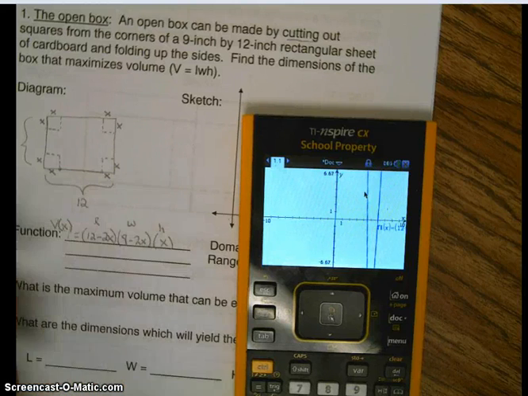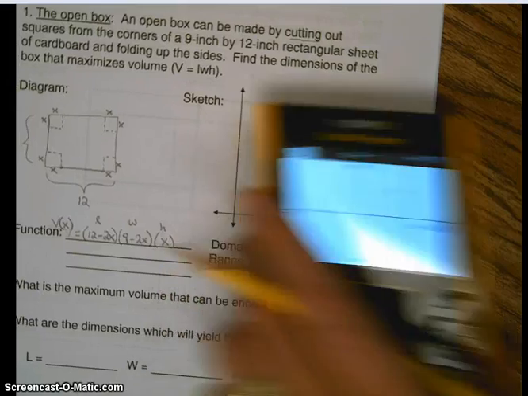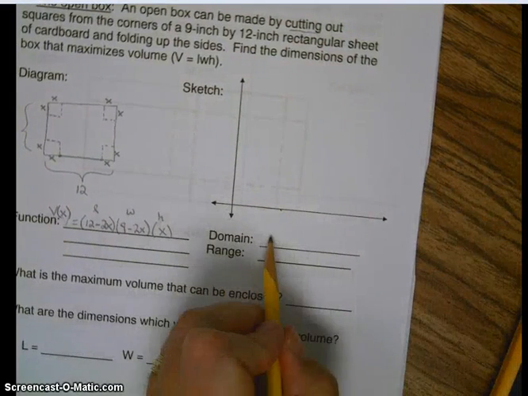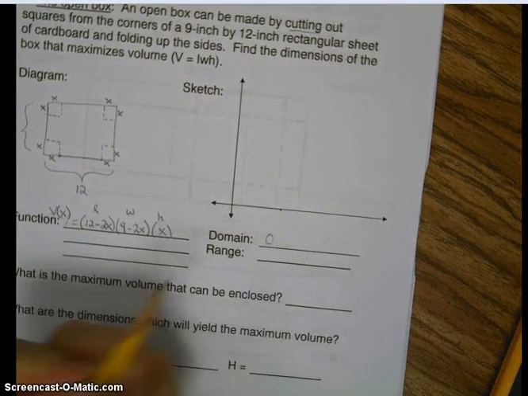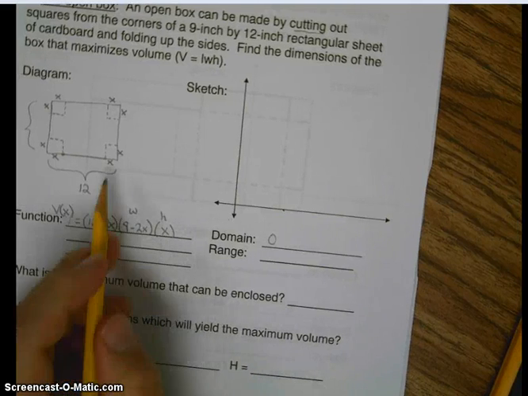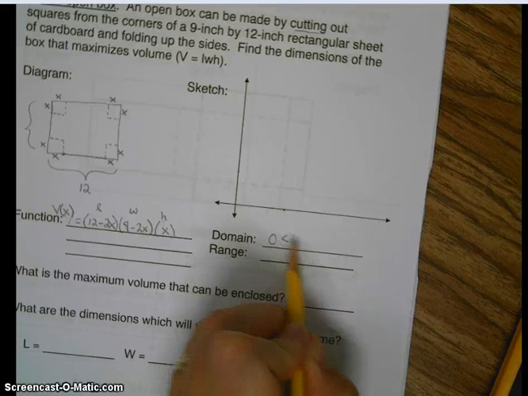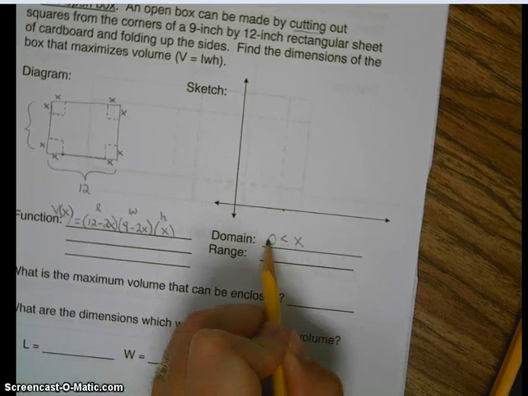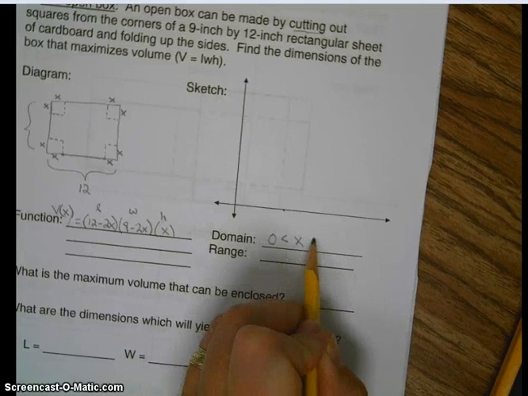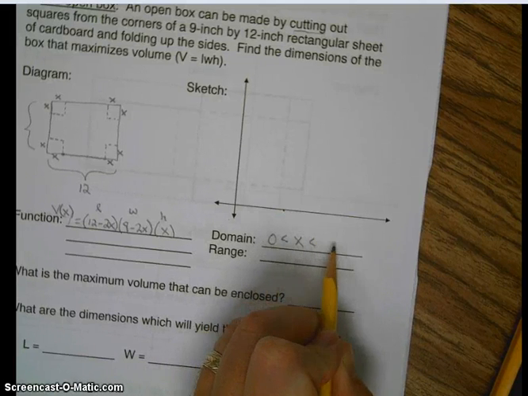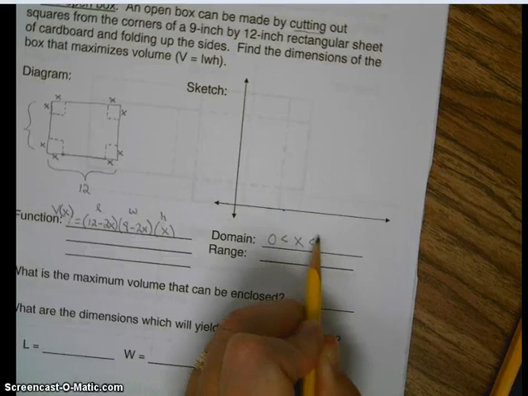So for our domain, we're going to start at 0. But we don't want a height of 0. So our domain is going to be x greater than 0, the height is going to be greater than 0. But it's going to be less than a maximum height, which we're going to find out in just a minute.